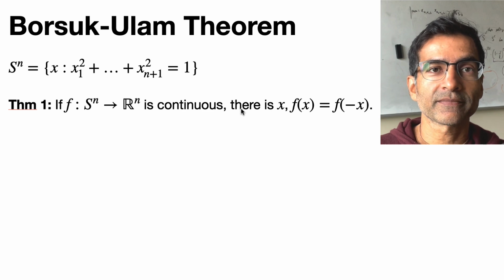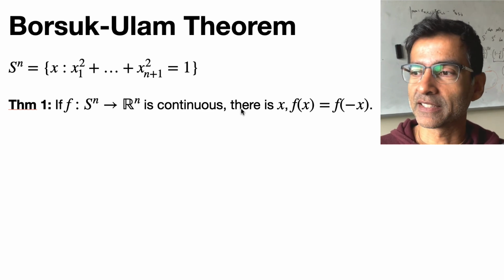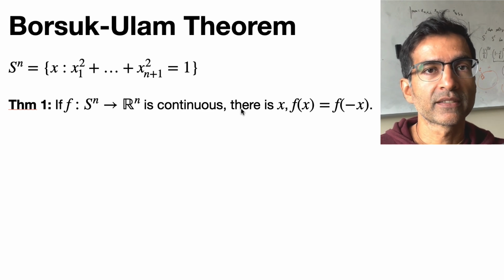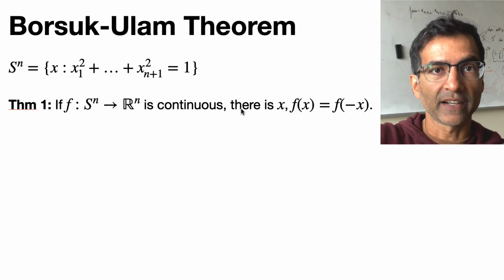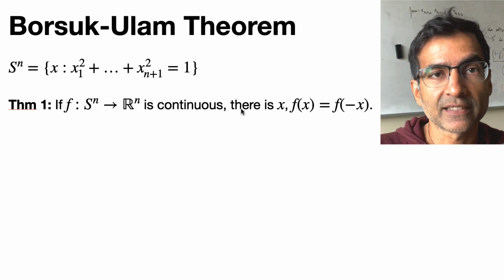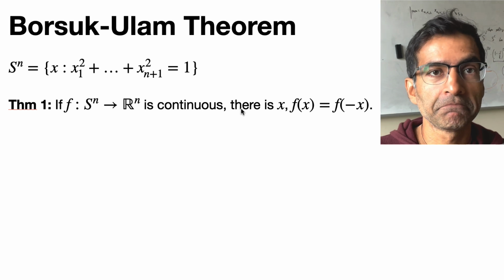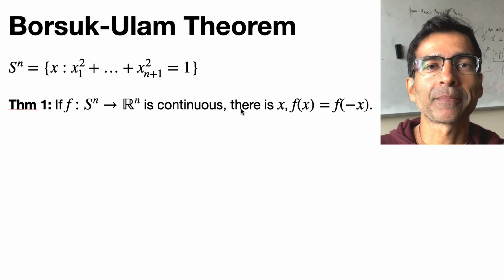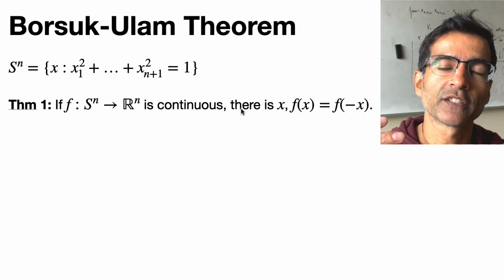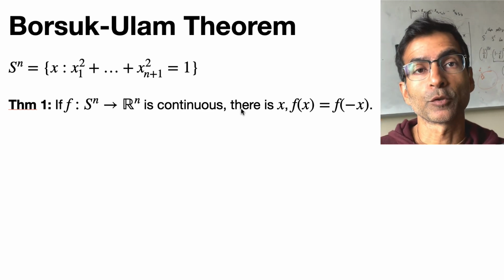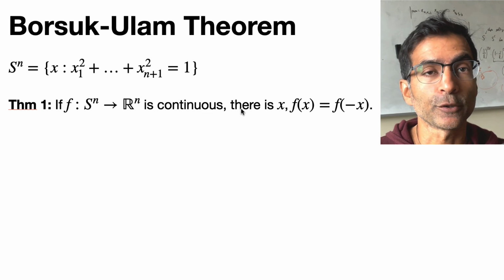Another way to think about the theorem is that at any point in time, there are 2 points on the Earth that are antipodal, so they're exactly opposite of each other, and yet they have exactly the same temperature and humidity. Let's say. Okay, so if you take any continuous map from the sphere to n-dimensional space, then there will be 2 points that are antipodal and get the same value.